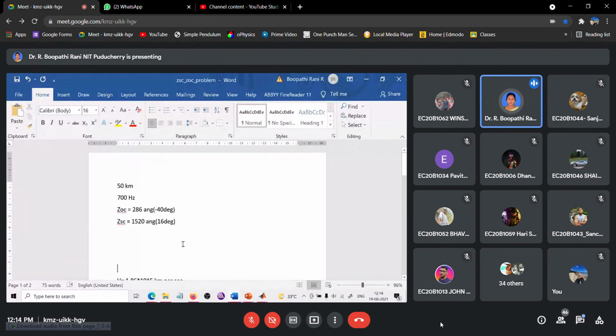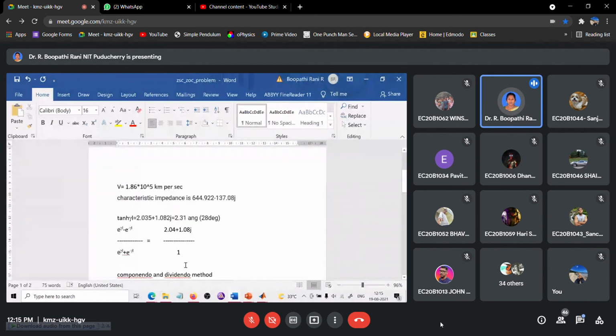Frequency of the signal is 700 hertz. Open circuited impedance is 286 angle minus 40 degree. Short circuited impedance is 1520 angle 16 degrees. Okay, you note down this.